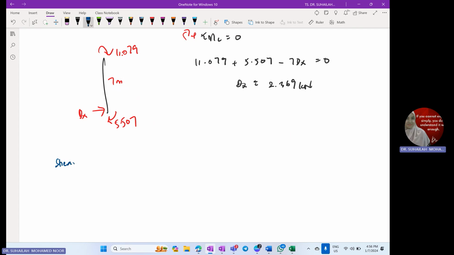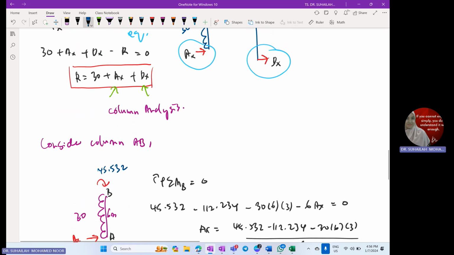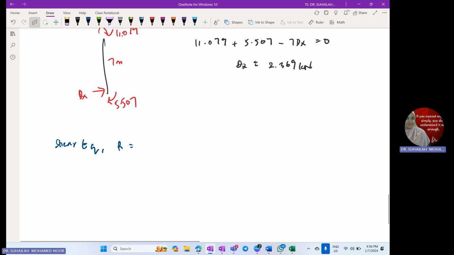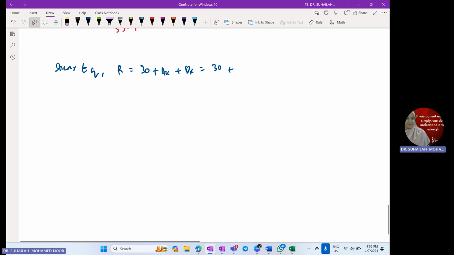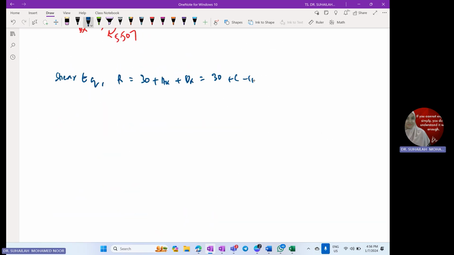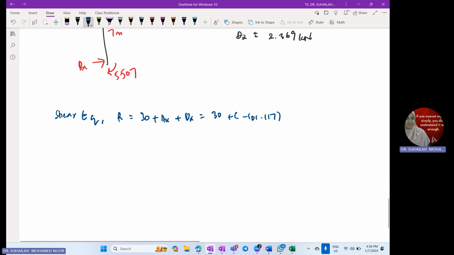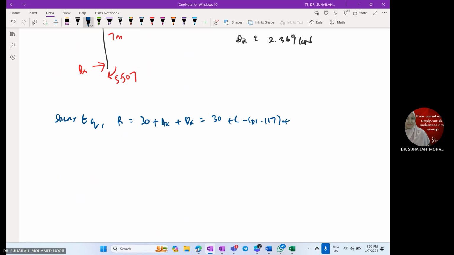So shear equation, R is equal to 30 plus AX plus DX. It is 30 plus AX is negative 101.117, and DX is 2.369.